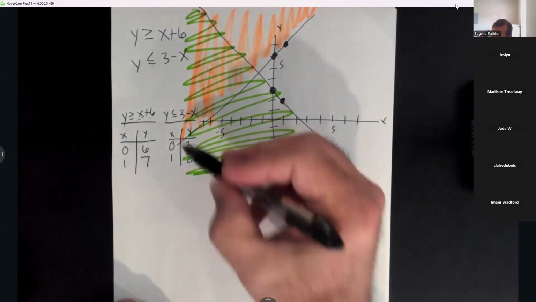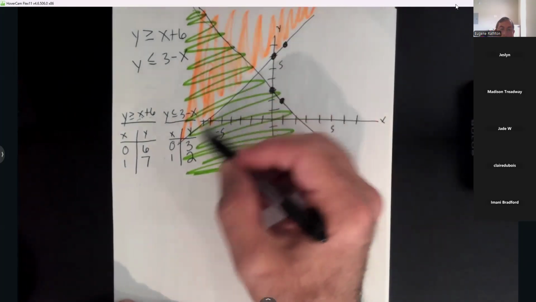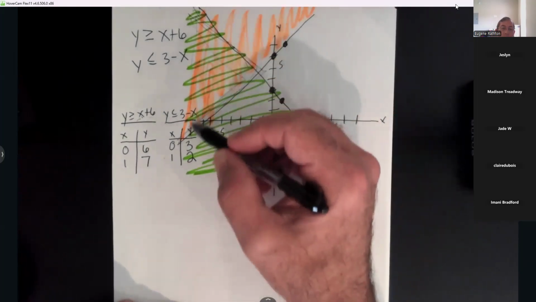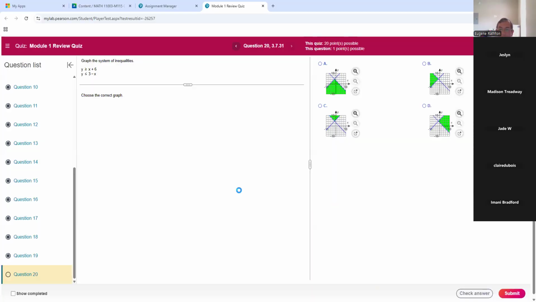So y'all, the actual answer is this double shaded where I got the green and the orange shading in here. This little triangle pointing to the left here, okay? So on our math lab, let's see, the one shaded to the left. Y'all, what am I looking for here? Yep, there you go.